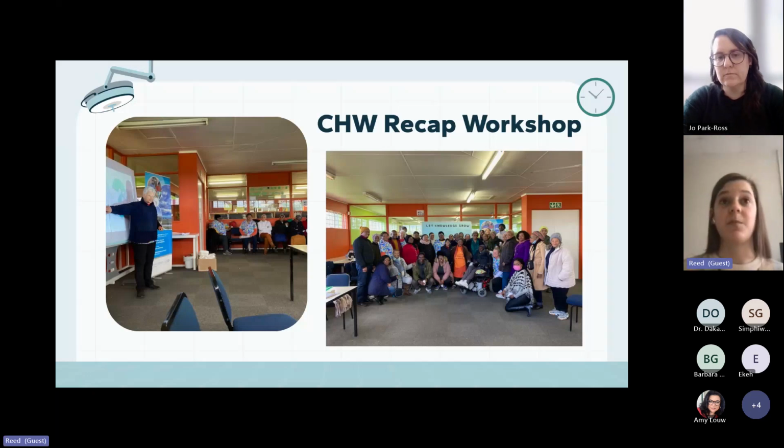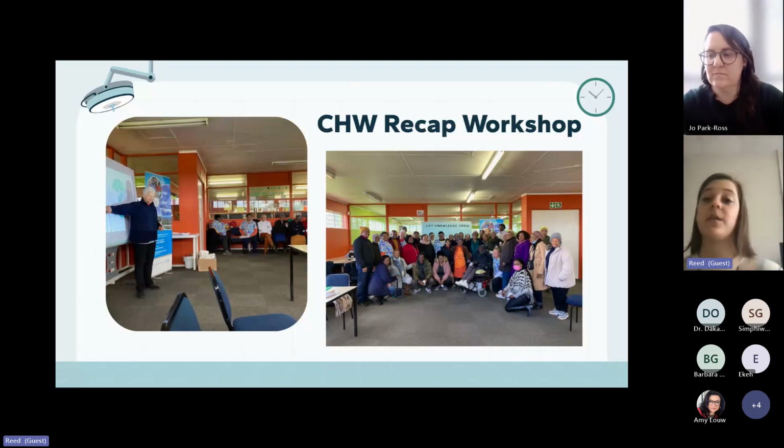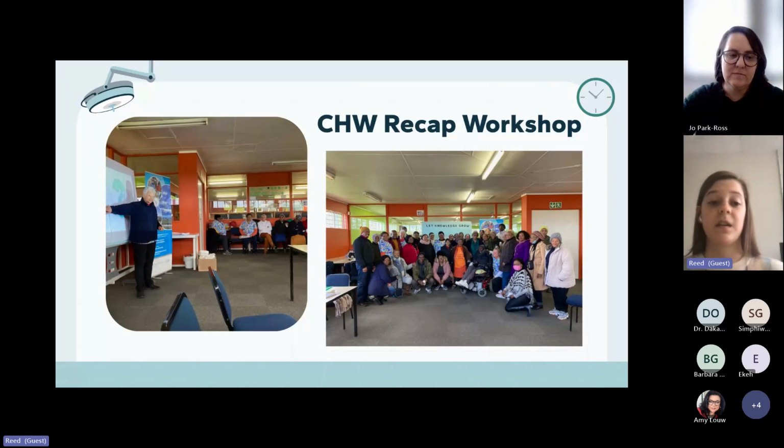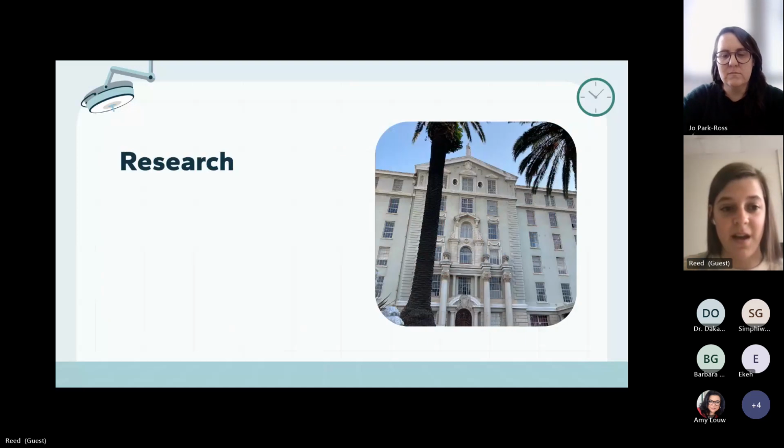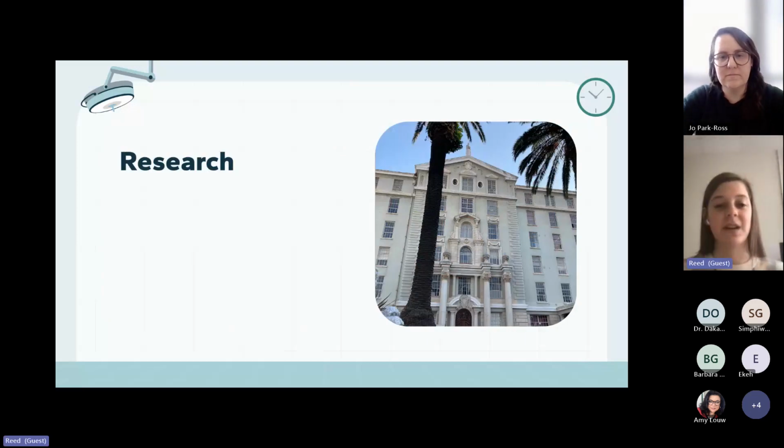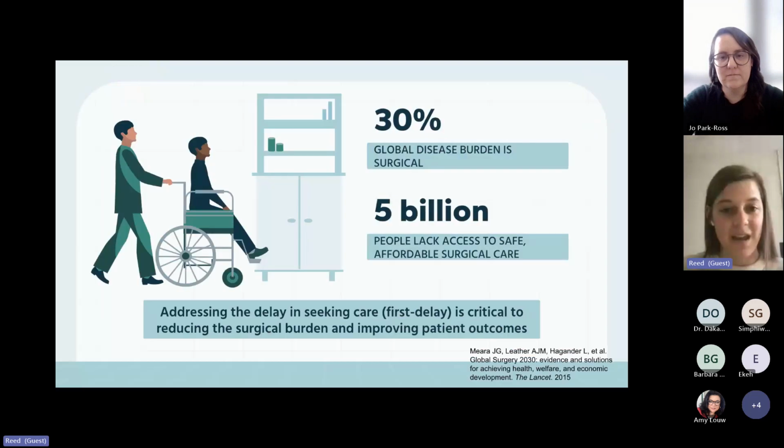So time was given for the community health workers to work together and write down everything that they had remembered from the previous workshop, how they'd currently been using the information, and what the existing barriers were to furthering the community's understanding of when to seek care, what barriers were in the way of patients going to the primary care level, etc. And so this ties nicely into the research portion.